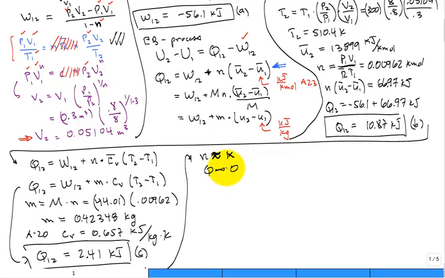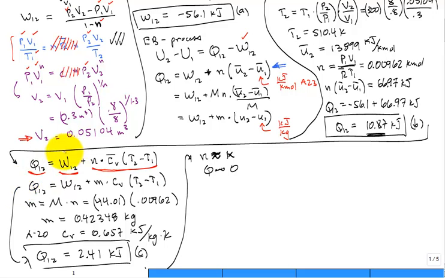Well, it's not 0 for this problem. It's around 10. But when you are subtracting, this value for the work 1 to 2 is close to this value, which is the change in internal energy, such that this Q 1 to 2 is small.